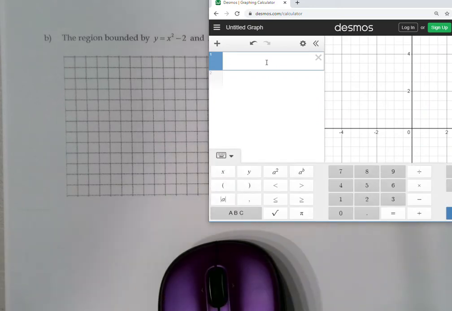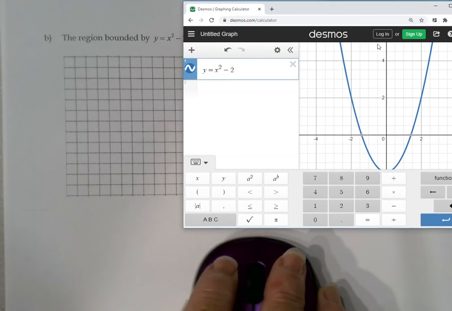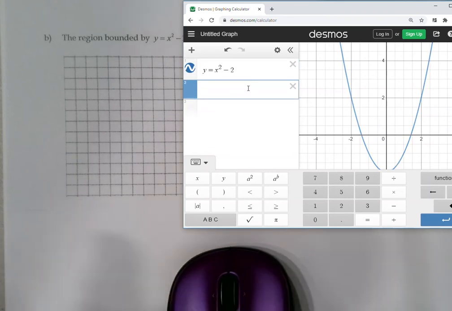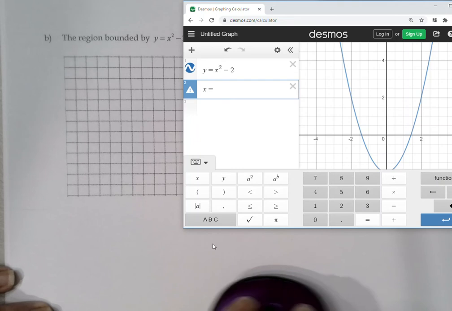And let's see here. Our first function was y equals x squared minus 2. So I've got that parabola. And then my second function was x equals the absolute value of y. Over here to functions. Oh, actually, absolute value is right here.